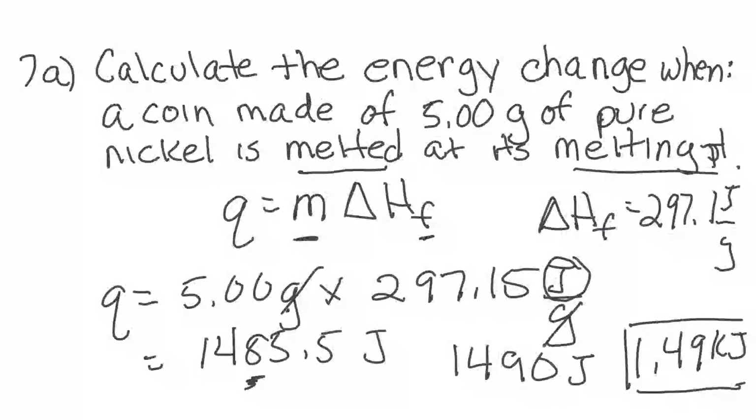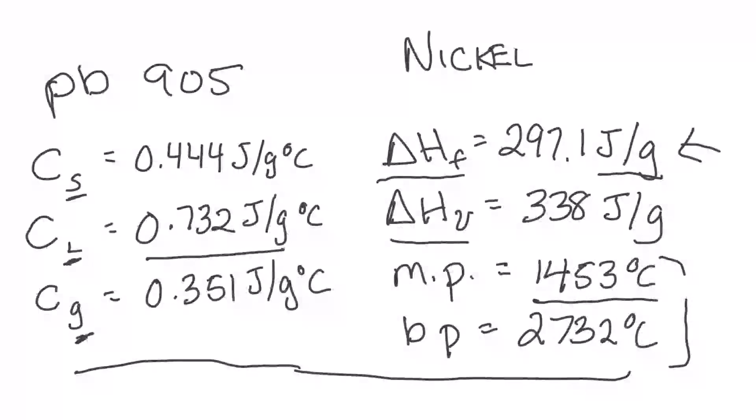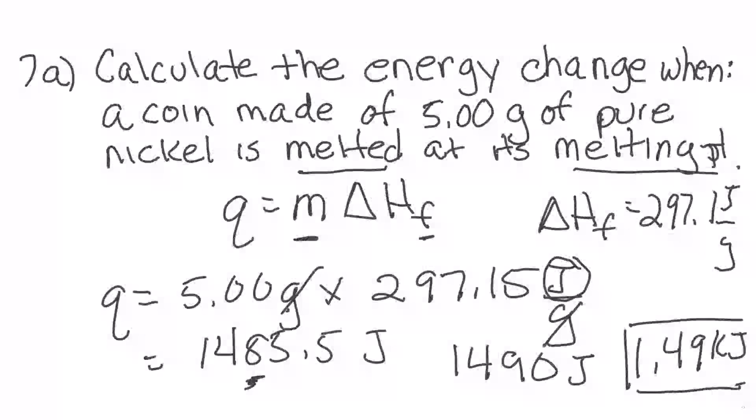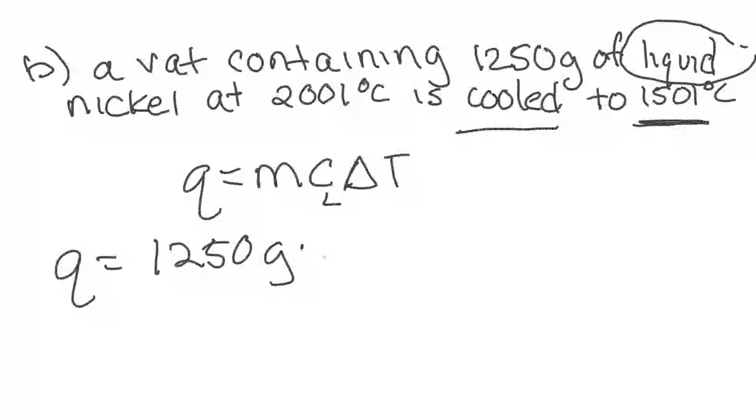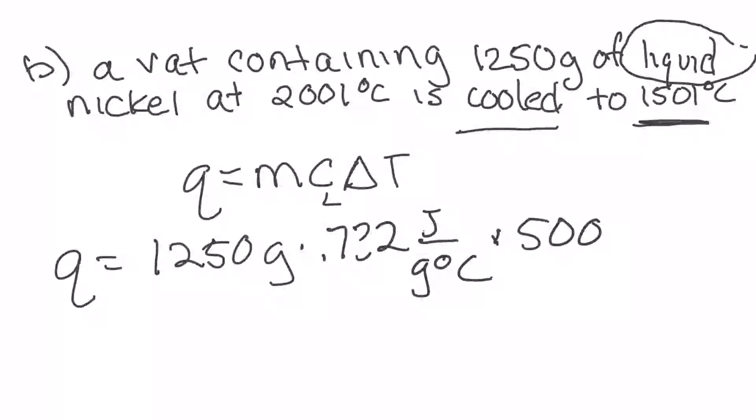Oops, and just as I'm scrolling down, I forgot what that says, 0.732, times 0.732 joules per gram degree Celsius. And the change in temperature is 500 degrees Celsius. And I'm going to put a dot there because I can go to the ones place when I subtract these two numbers. So that's degrees Celsius. And this was a 3, in case you can't see that.